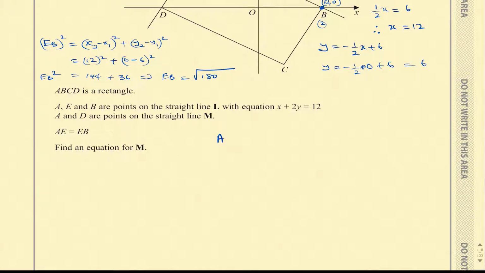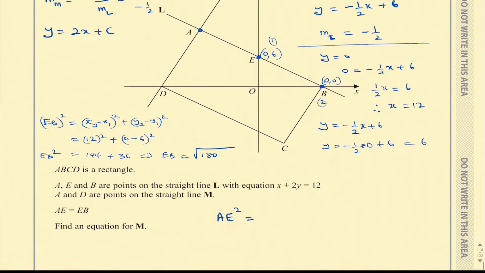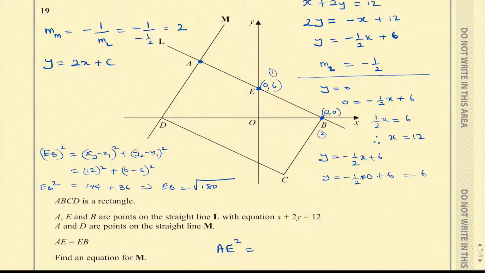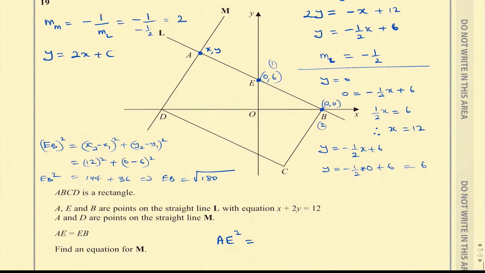So AE squared is equal to... now the points for AE, these points we don't know, so it's X and Y. We don't know that point.